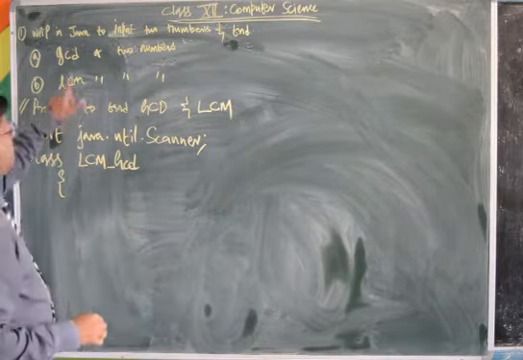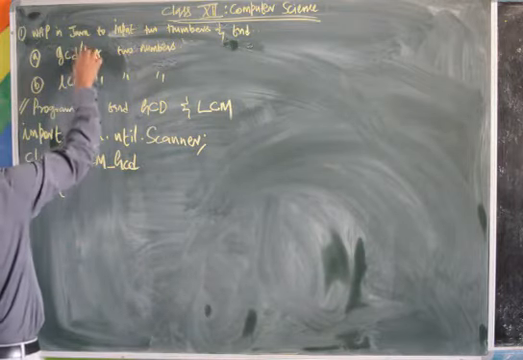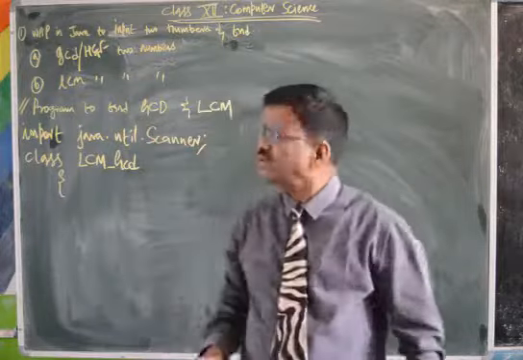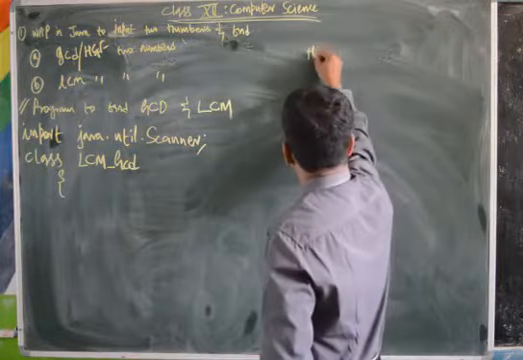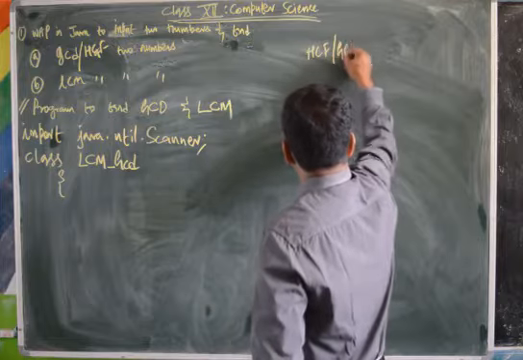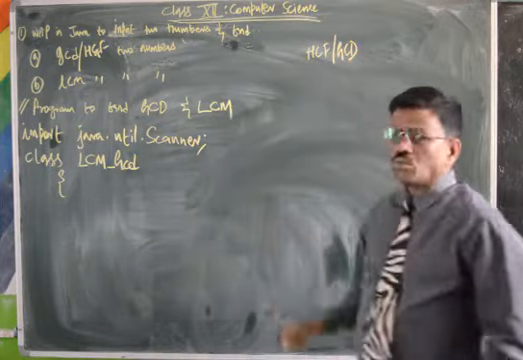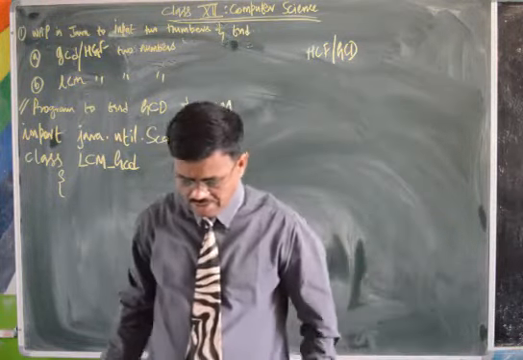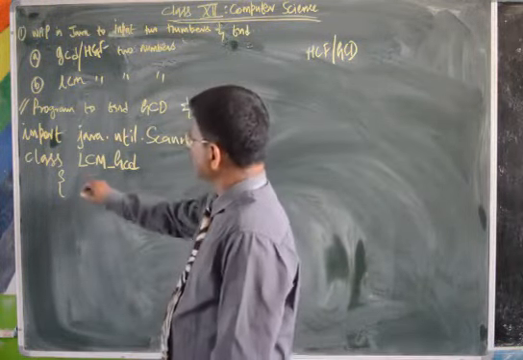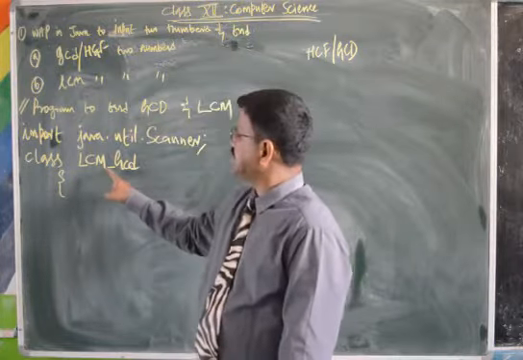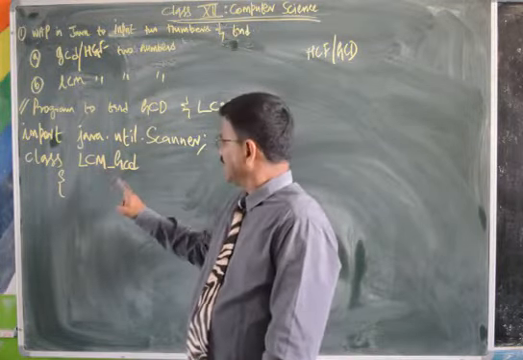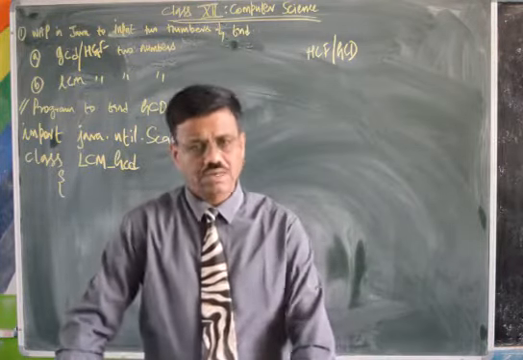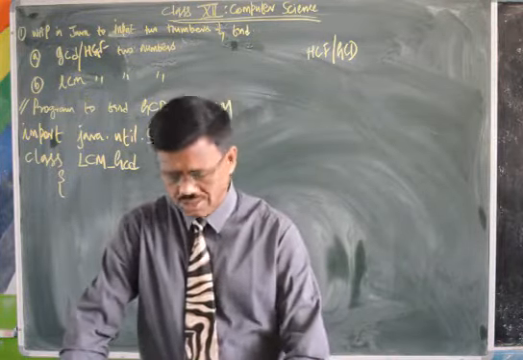By the way, boys and girls, GCD or HCF, highest common factor or greatest common divisor, both are one and the same, right? I give the class name as LCM underscore GCD. Underscore and dollar are the only two symbols allowed, right? Here I use an underscore.